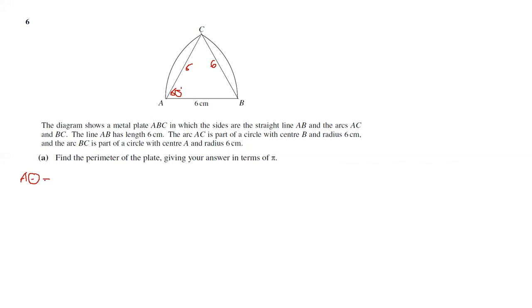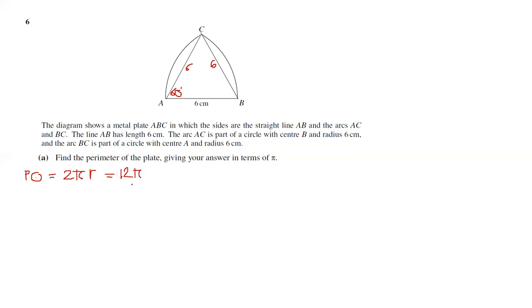Okay, the perimeter, not area yet. The perimeter of the circle equals 2 pi r, or 12 pi.